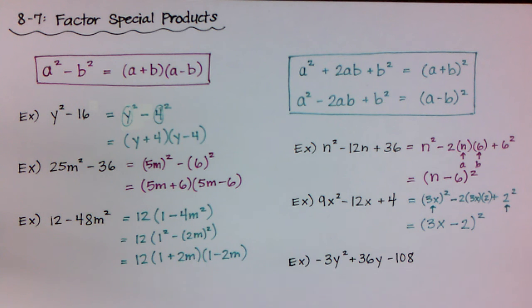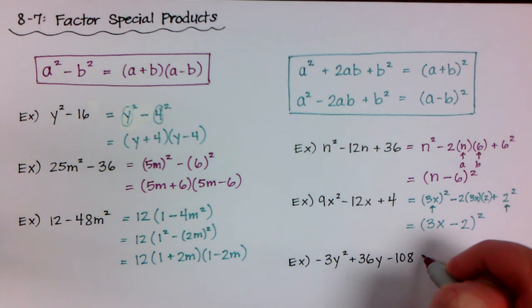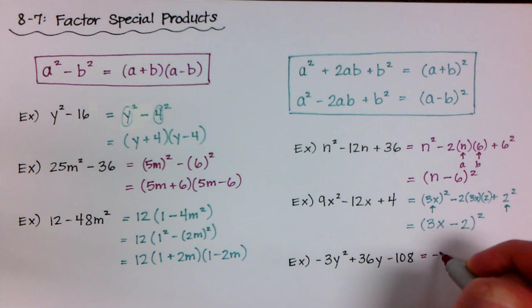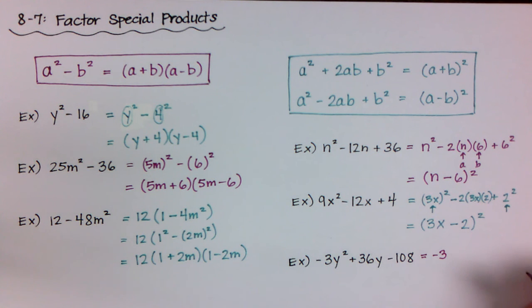All right, I have one more example for you, and then we're actually done with our lesson for today. This one starts with negative 3y squared plus 36y minus 108. It's kind of similar to the earlier problem where I'm not starting with a perfect square. So let's pull that negative 3 out of everything.